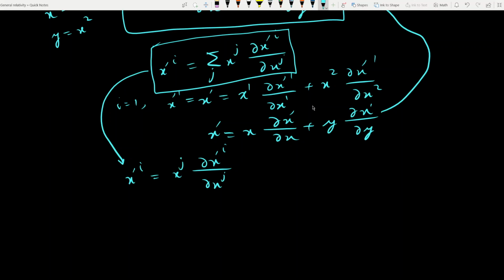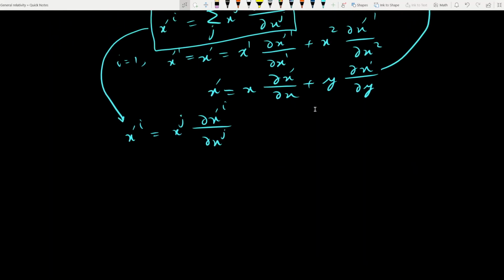So we ignore that summation sign. Alright, so whenever we have the same index on the top and bottom, we will know that there is a summation sign, which we don't usually write. Okay, so moving on.